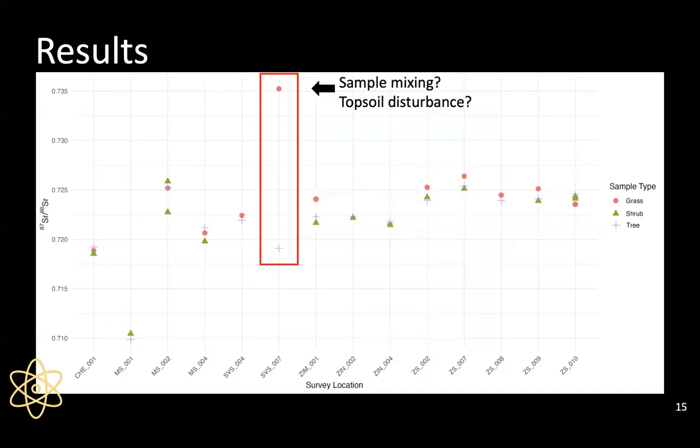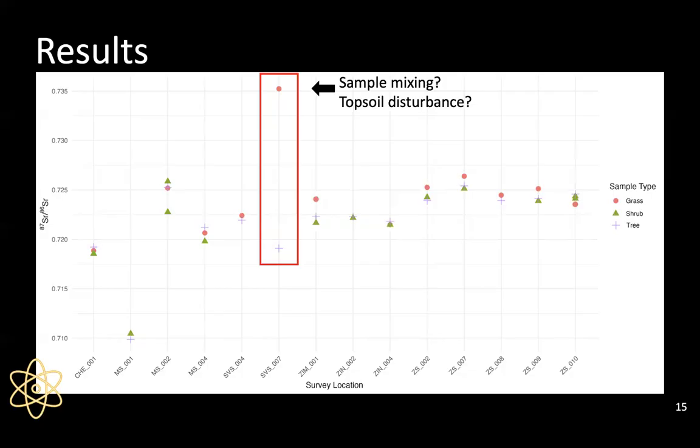The only truly bizarre results were at SVS 7, where the grass had a significantly higher value than the tree sampled at the same location, and significantly higher than the rest of the samples at all of the survey locations. While there weren't any blatantly obvious disturbances like farming, there are two possible theories for why the sample is so different than the expected range.